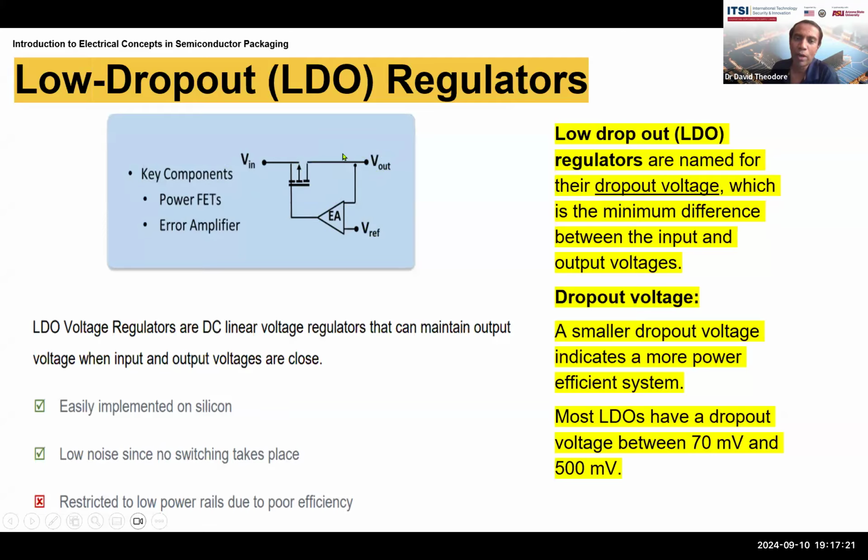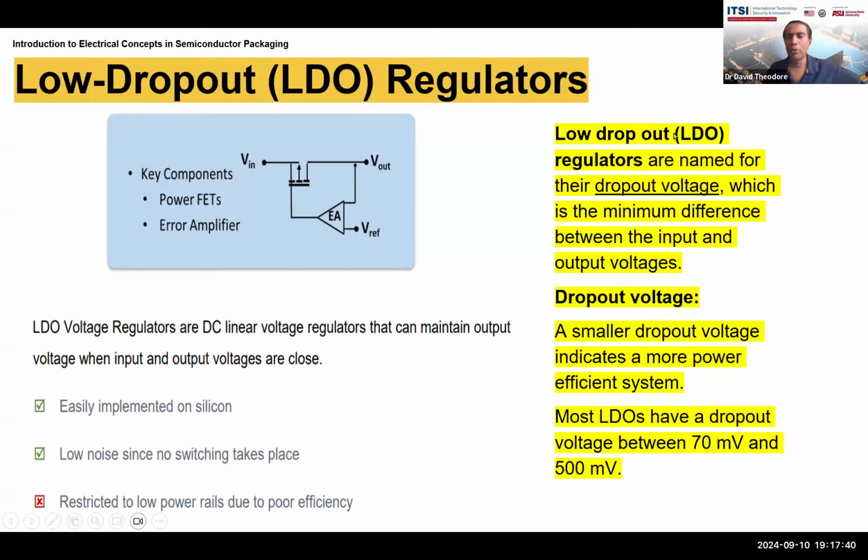So if you have a high current draw that would tend to drop the output voltage, you're drawing energy from the input part of the circuit and using this as the intelligence to match the out to the reference. So that's how you keep the voltage stable in this case.